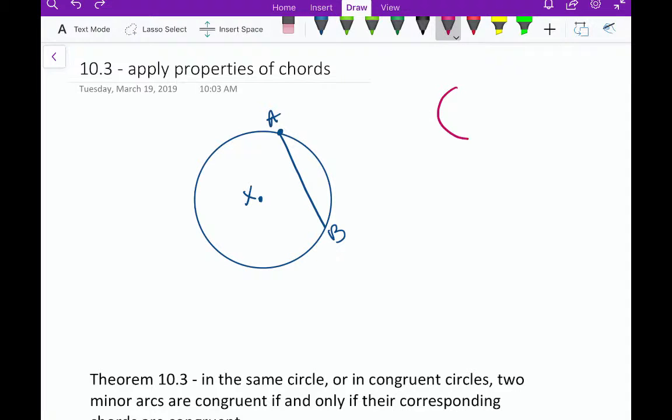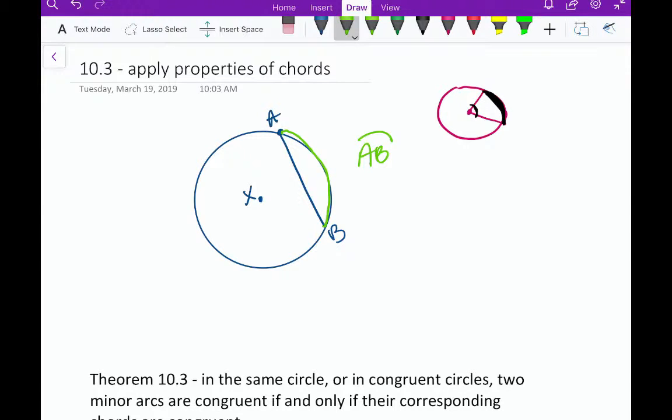We talked about when we have a central angle that the measure of the arc is equal to the measure of the central angle. Well, you need to also understand that it doesn't have to be a central angle in order for there to be an arc. So here is arc AB, noted like this.